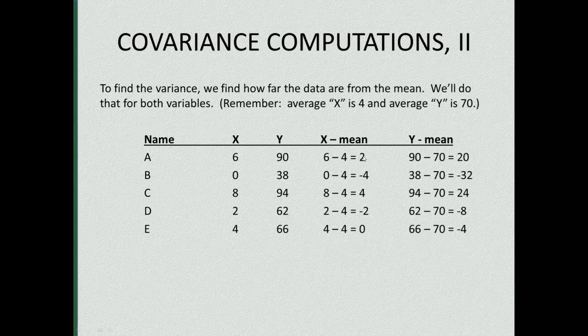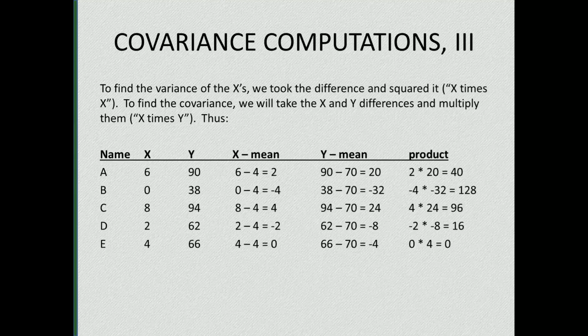We would do X times X. We're going to do the same sort of thing here, only we're going to take X stuff and multiply it by Y stuff. So 2 times 20 is 40. Minus 4 times minus 32 is positive 128.